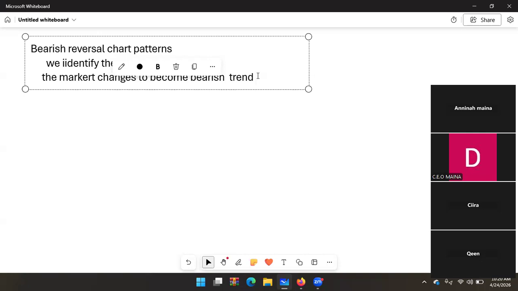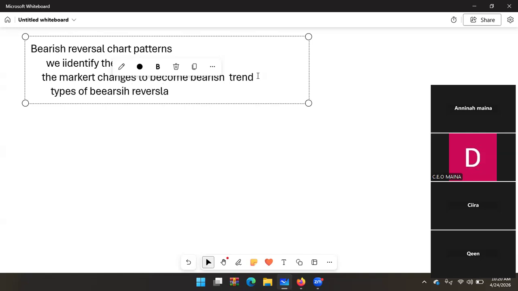Now, we understood. Okay. So for these bearish reversals, we have three types of bearish reversals. There are three. Number one, we have a head and shoulder.